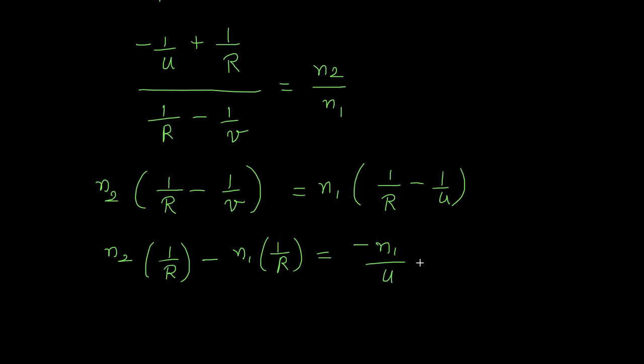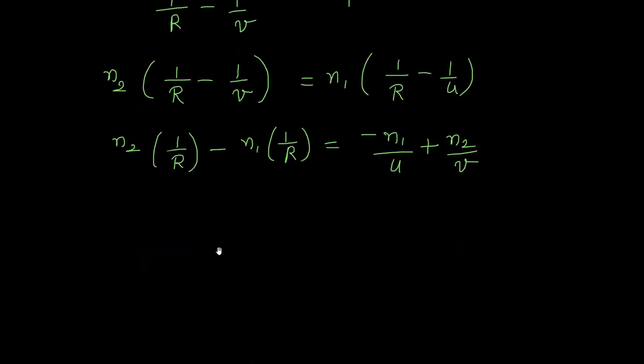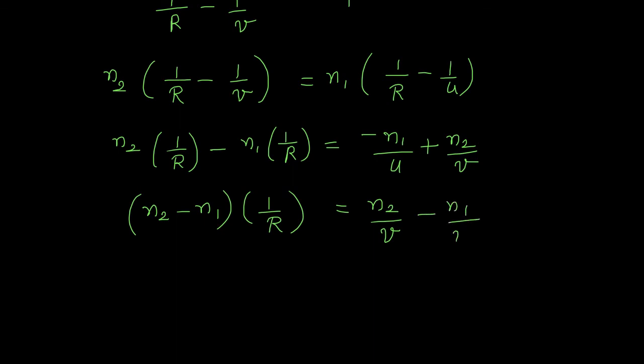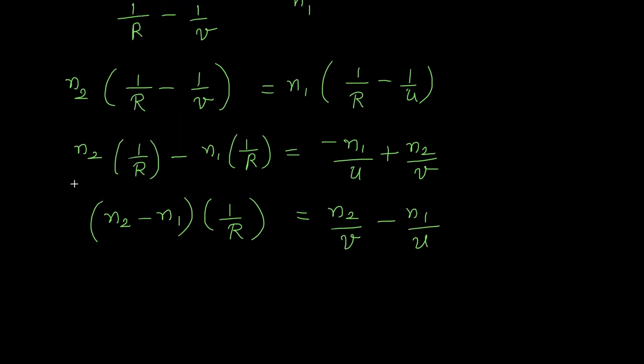When it comes to the right side, it is plus N2 by v. That is, N2 minus N1 into 1 by R is equal to N2 by v minus N1 by u, which is the equation for refraction at convex surface.